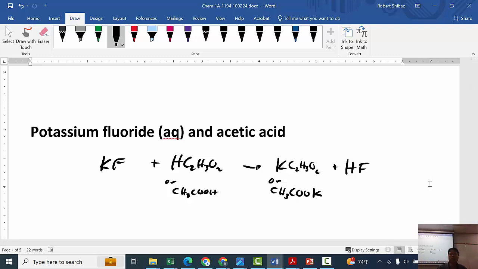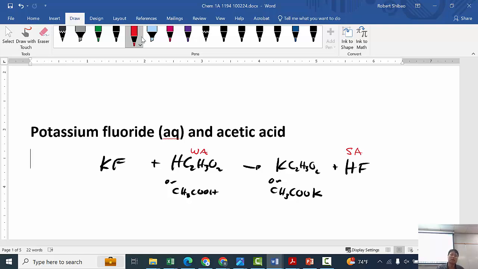So some people said this is a weak acid and this is a weak acid. So we're going from weak acid to weak acid, and so there's no driving force. But that's not the case. What we're going from is WA to SA. What does W stand for here? Weaker. It's all relative.